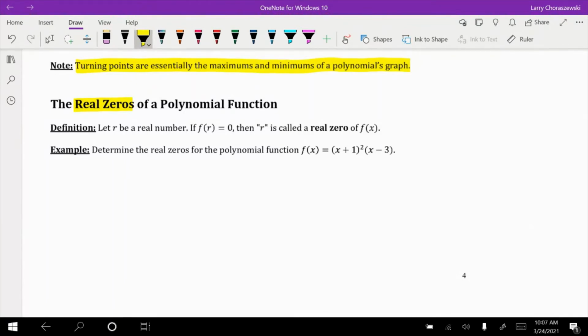And so in this definition right here, let's assume that r is a real number. And let's also assume that when we plug r into the function, the output is 0. So if this number r causes this to happen where the output is 0, then that number that we plugged in, regardless of its value, would be called a real zero of the function.